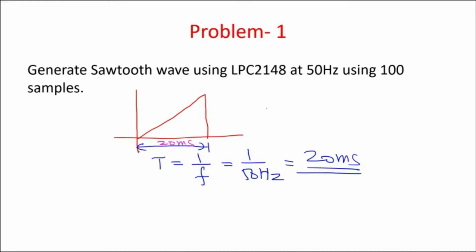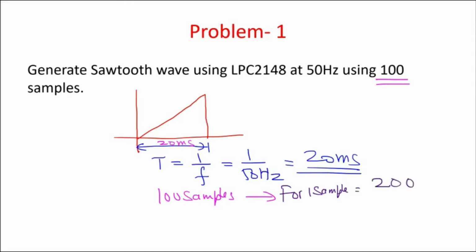How many samples am I using here? 100 samples. So what is the sample time for one sample? For one sample, 20 millisecond or 20,000 microsecond divided by 100 samples.